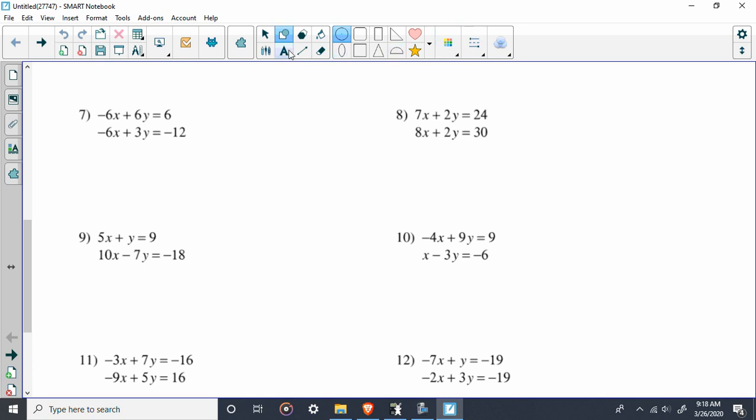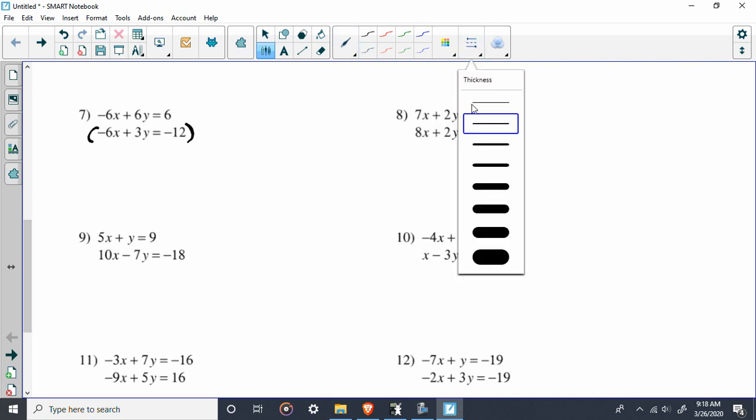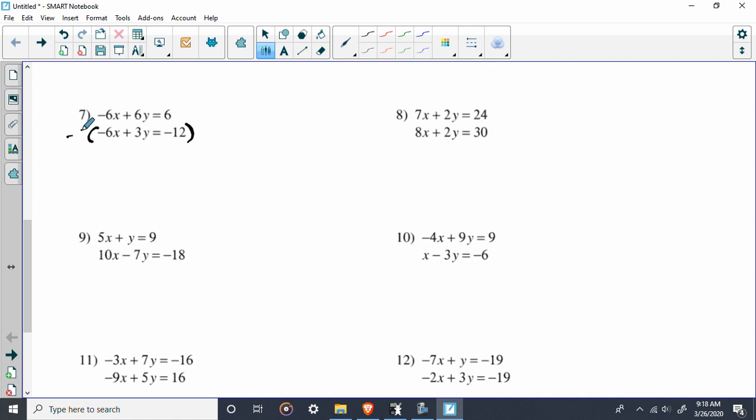So what we were saying yesterday was that if we just picked one of these and multiplied it by -1, so change this to proper pen. If we multiply one of these by -1, this one stayed the same, -6x plus 6y is equal to 6. And this one actually changed.